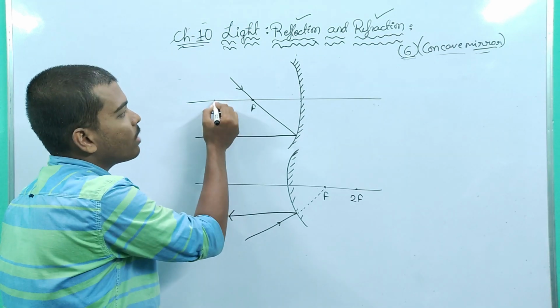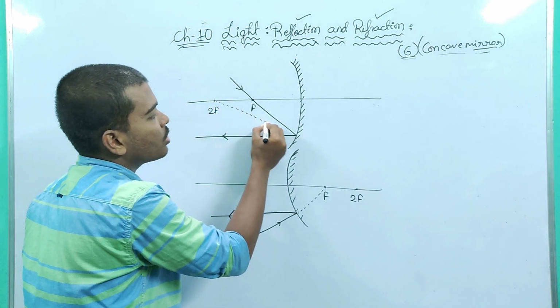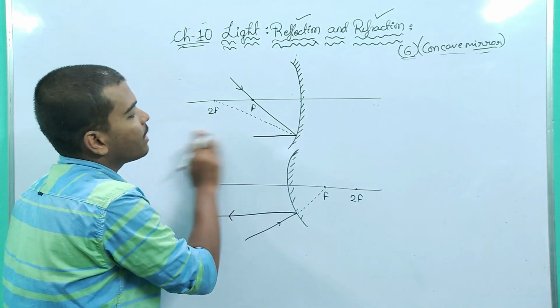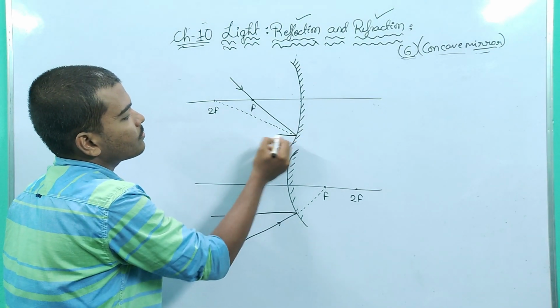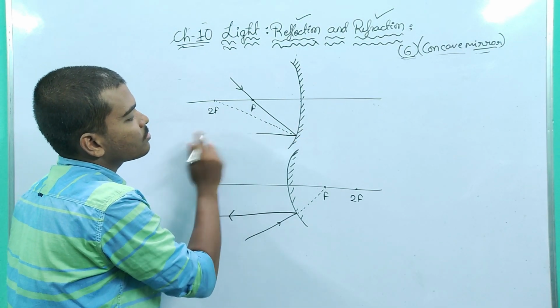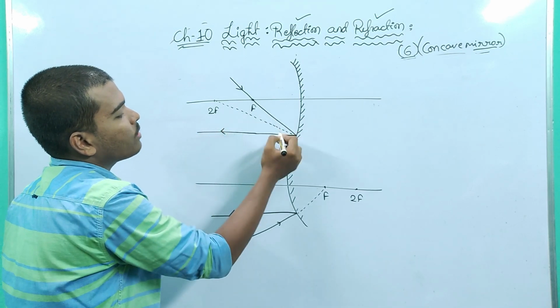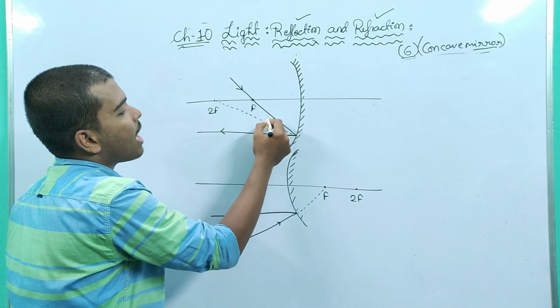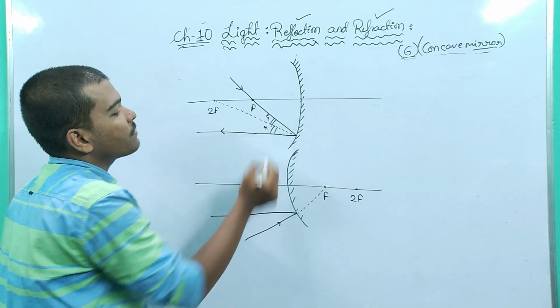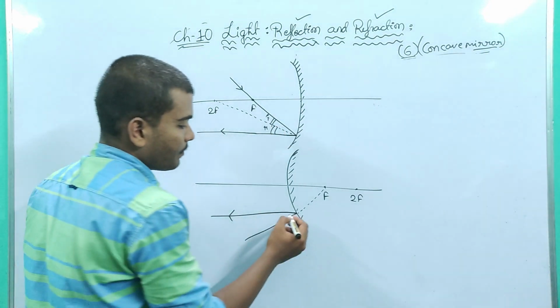And again, if someone needs to justify it, because this was not parallel, just join the 2F and you will be able to justify I and R. Remember, the laws of reflection are also obeyed here.